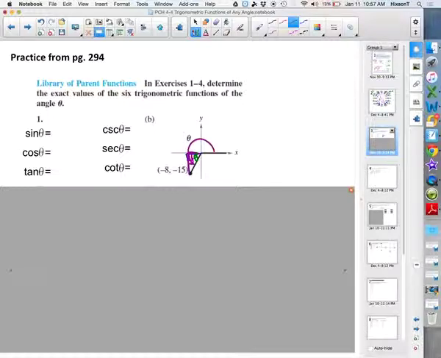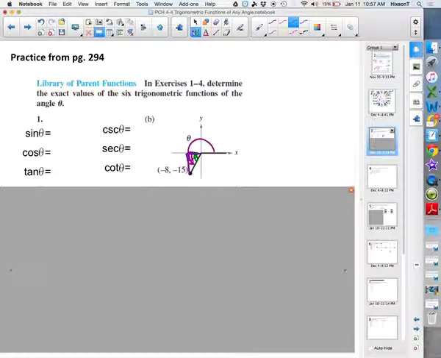And the nice thing about this is we can figure out the 6 trig functions by using that reference angle as our angle that we're looking at in our right triangle trig. We do need to figure out the sides. But once we do that, we can use SOHCAHTOA.